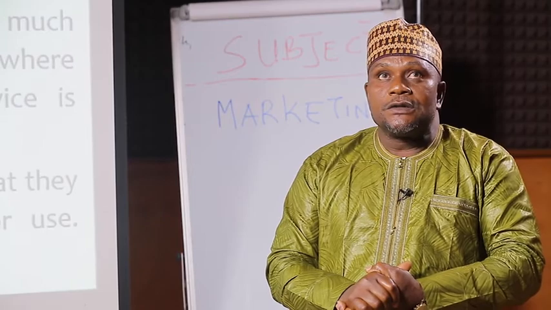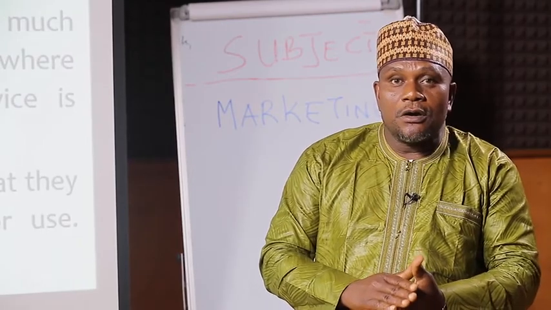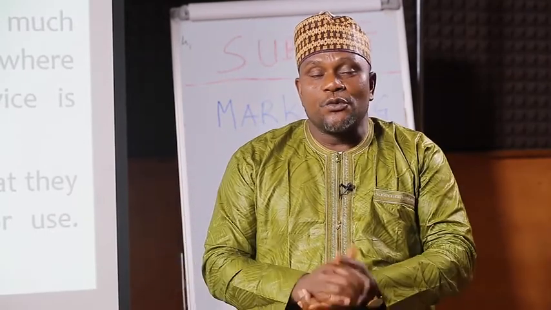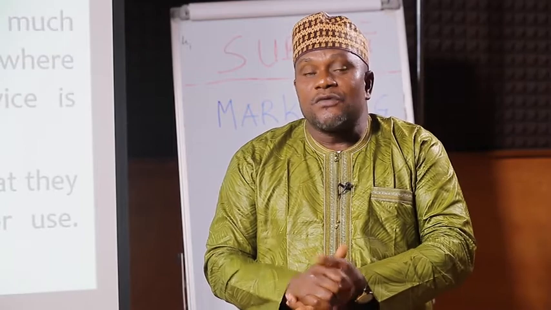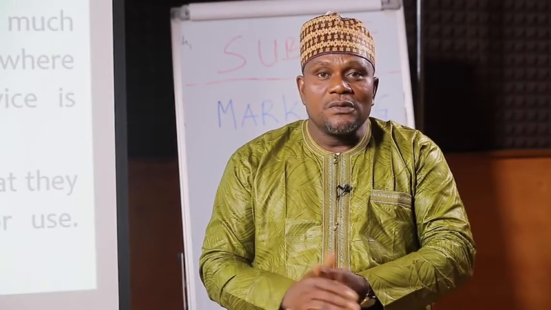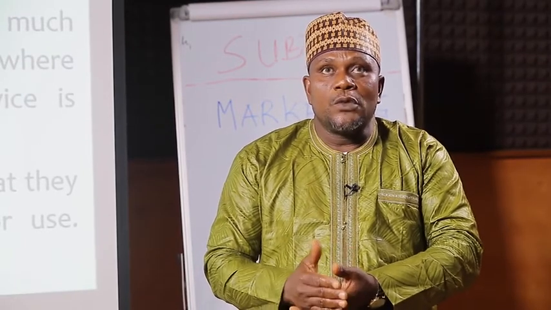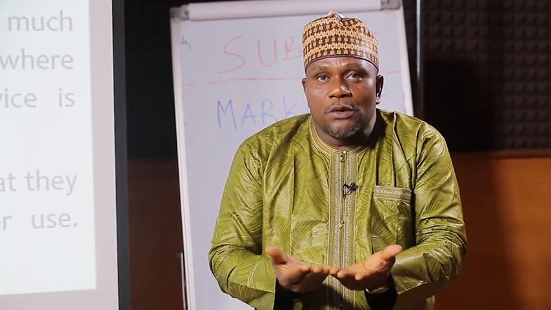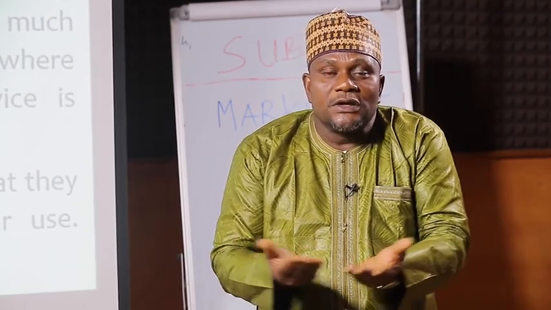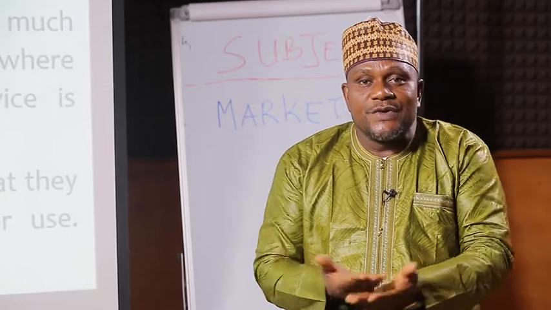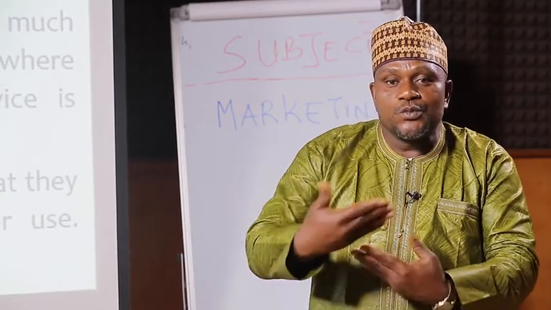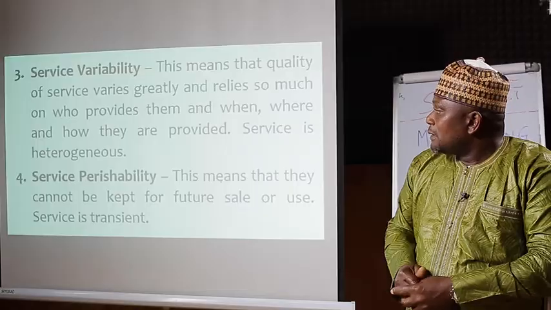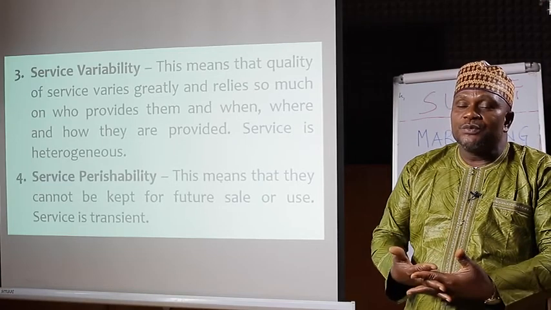The service that one tailor offers to a customer differs from the other one. Some might witness high patronage. Why? Because of time value, and the money. A good tailor might decide to go on a subsidized rate where you can get much more patronage. Then we talk about service perishability.